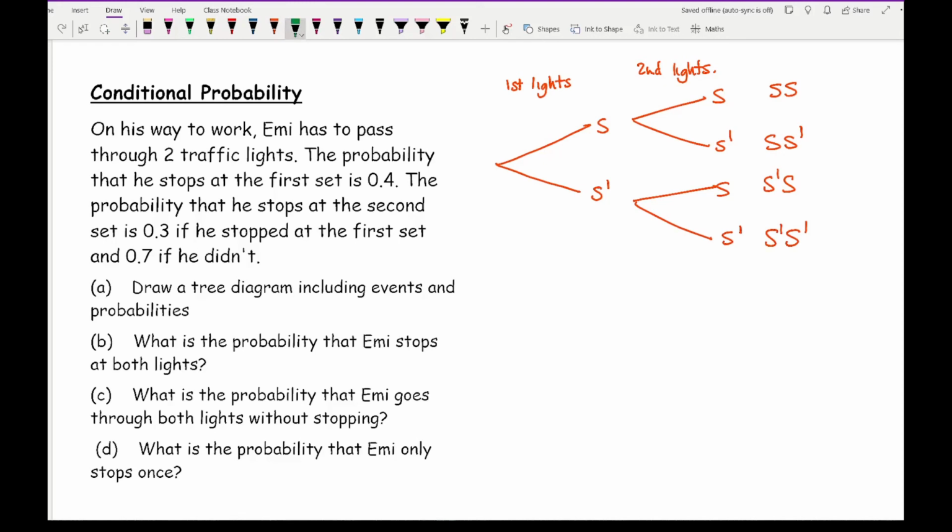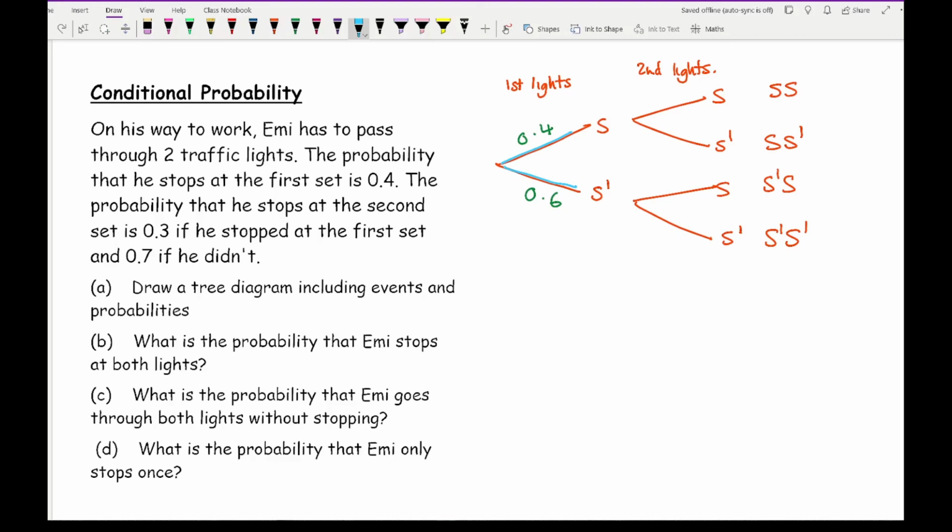So here the probability that he stops at the first set is going to be 0.4. So that means the probability of him not stopping in that first set is going to be 0.6. And the reason for that is you'll find that every single one of these branches should end up adding to 1, because the number of events that could happen is limited.